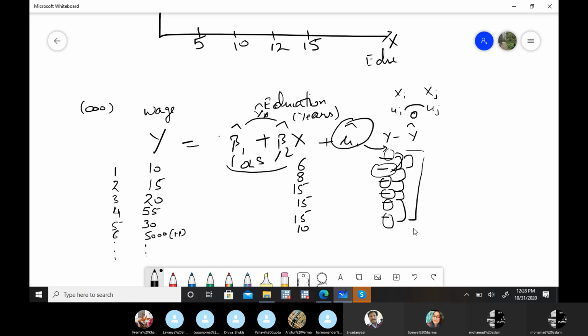Generally, if your sampling is biased, then only you will face these problems. If your sample is designed in a better way, then you will rarely find them. Is this assumption clear?